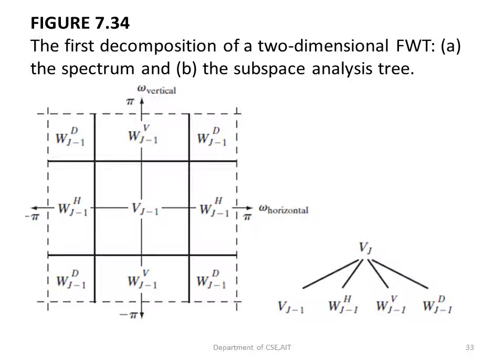The wavelet functions are present in the entire spectrum here, so it is divided into multiple smaller subsections. The same thing is also shown drawn using a subspace analysis tree. That means V of j can be expressed as V of j minus 1 and the horizontal, vertical and diagonal wavelet functions.